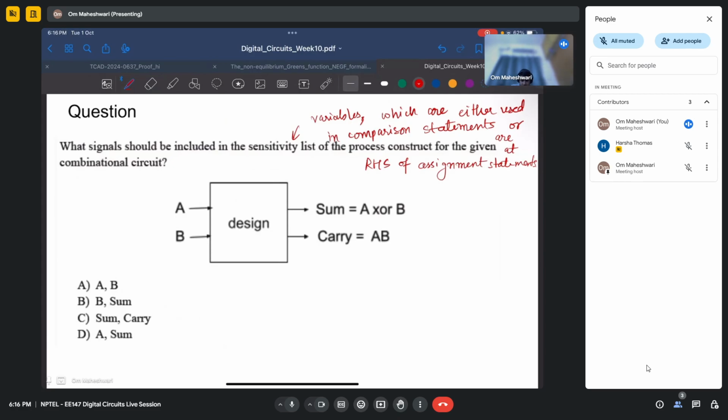Basically, these are the variables whose values define some other outputs.